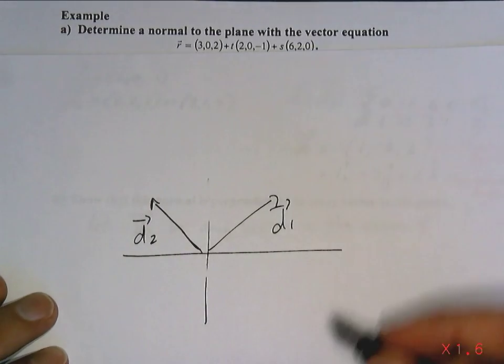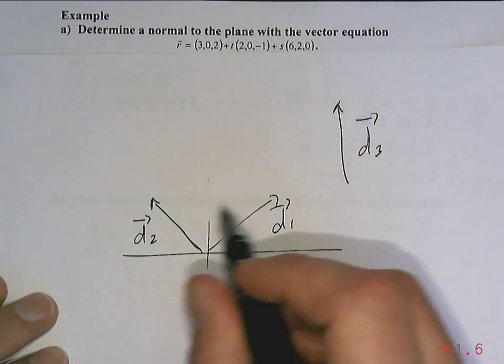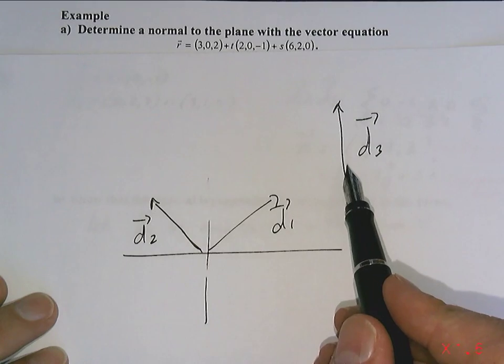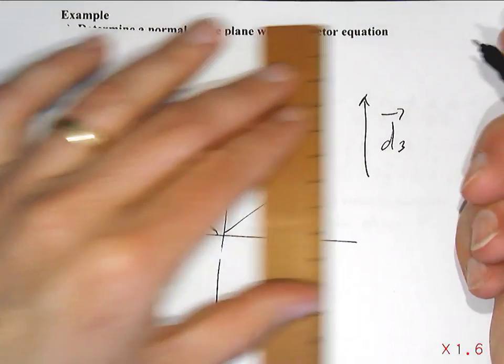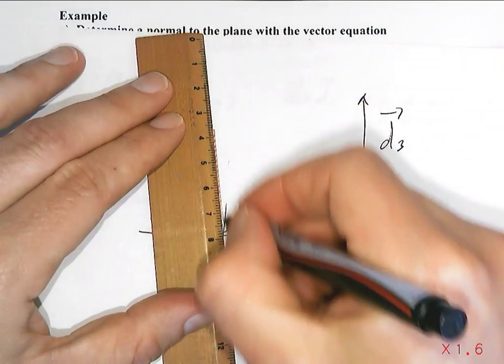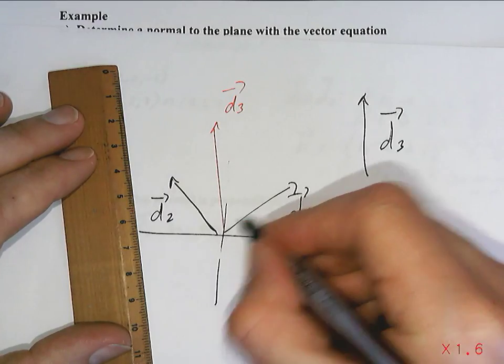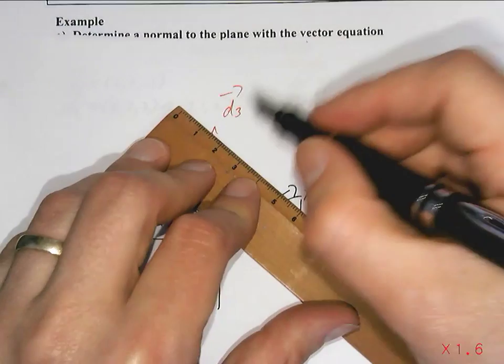And if I arbitrarily have D3 somewhere, maybe it's here, lying in the plane, so this piece of paper, this is lying in the plane, this is lying in the plane, I can pick up D3, I can move it, and that D3 can be composed of so many D1s plus so many D2s.